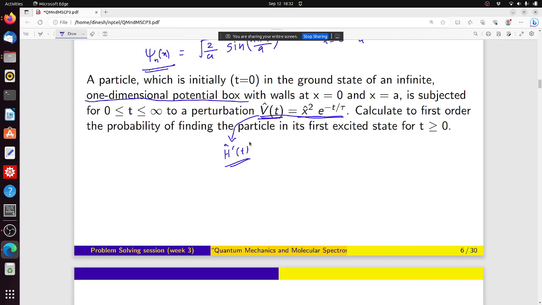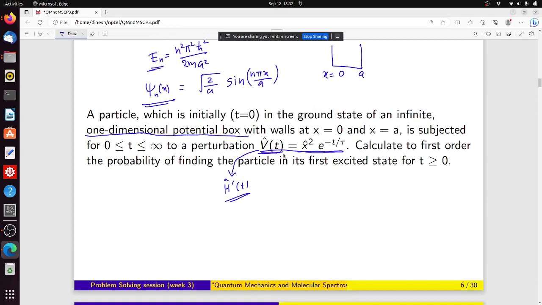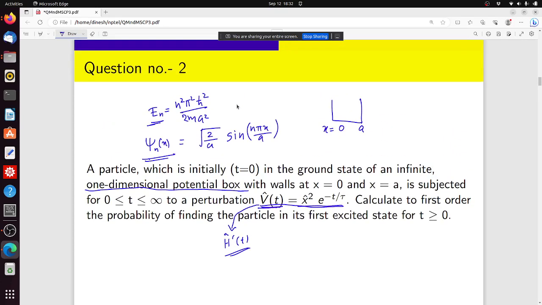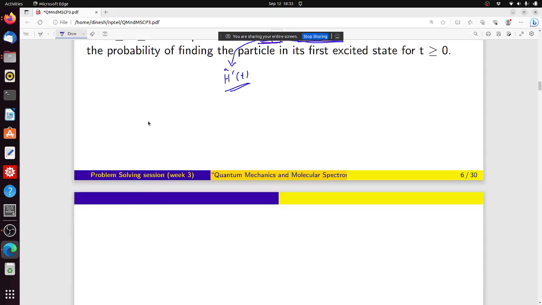So let's say for ground state n is equal to 1, this is ground state, and we need to calculate the transition probability to first excited state n equal to 2. Okay, so we know the general transition probability formula, P i to f.